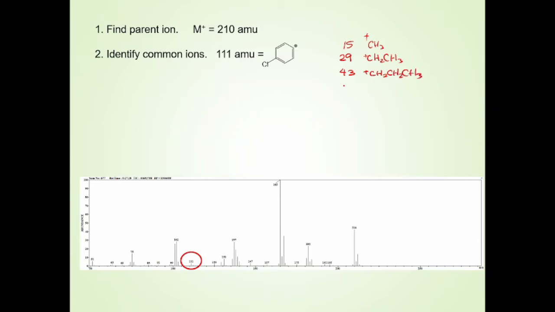Another common one that we saw when we were looking at that would be 45, which is the OCH2CH3. These are things that are fairly common, that are seen a lot in mass spectrometry, just because we happen to have either alkyl chains of 1, 2, 3 carbons, or the ethoxide and methoxide as well. The 31 would be fairly common, especially if you're dealing with methyl ethers or methyl esters.